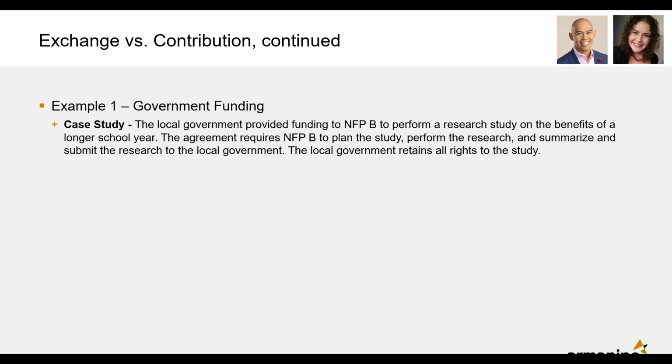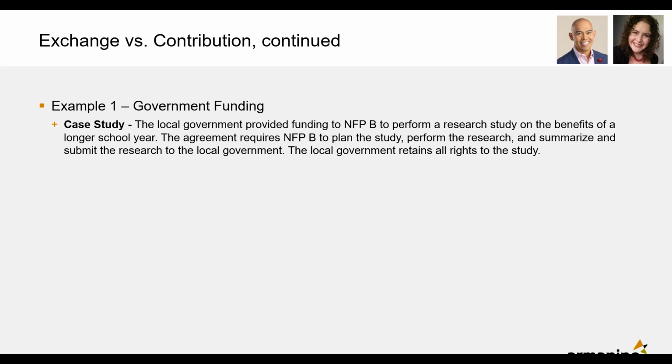All right, some examples. So, a couple of different example cases and scenarios to help you wrap your head around this. Local government provided funding to nonprofit B to perform a research study on the benefits of a longer school year. The agreement requires nonprofit B to plan the study, perform the research, and summarize and submit it to the local government.